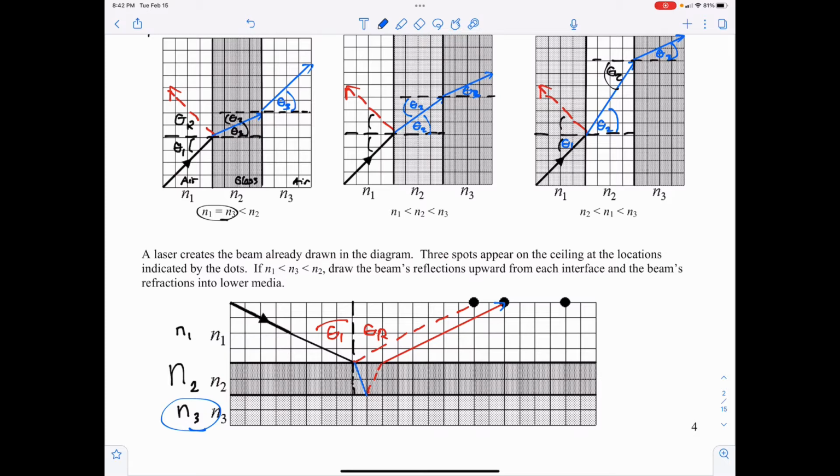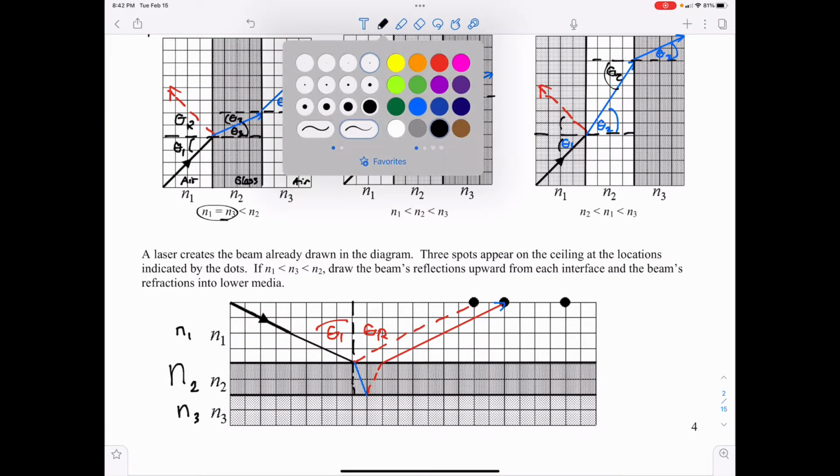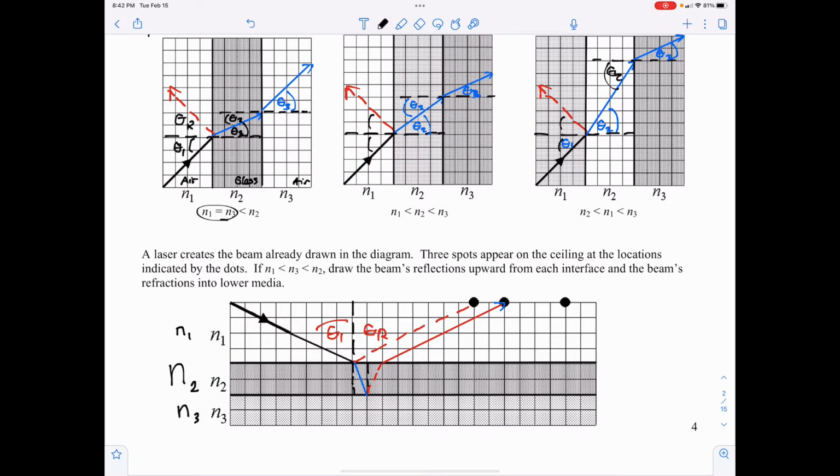So we would expect on that last one, here's the new normal that's created. Here's your new, that's theta 2, which means that's theta 2 also. And you would expect theta 3 in this next one to be larger from the normal. So in other words, wider away.